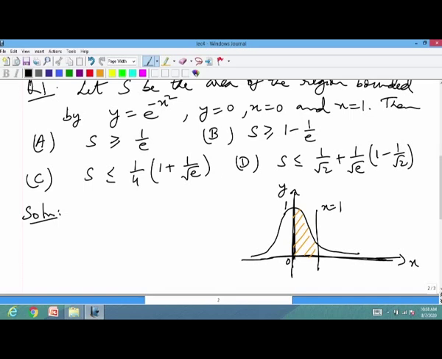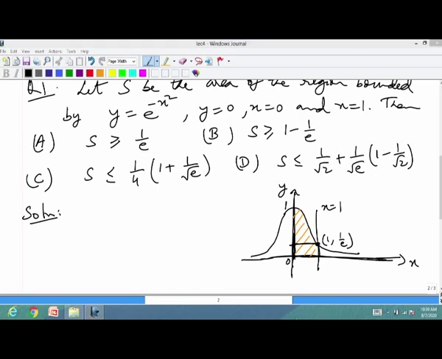Now, if we see what is this value, at x equal to 1, e to the minus x square will give 1 by e. So, this point is 1 comma 1 by e. So, clearly we can see that this area is bigger than equal to the area of this rectangle, which is equal to 1 by e times 1.